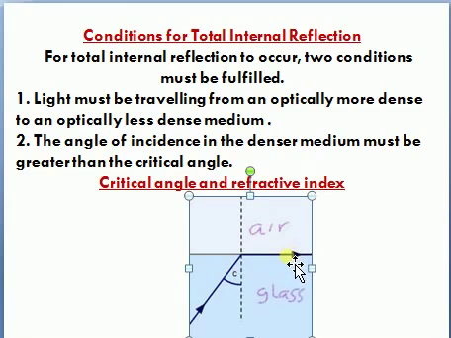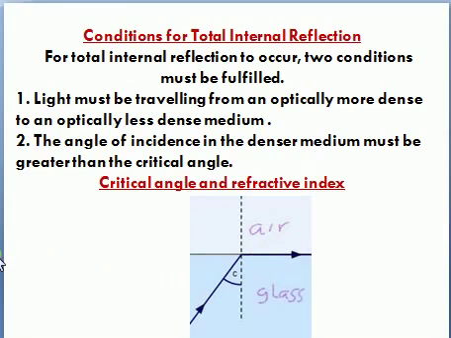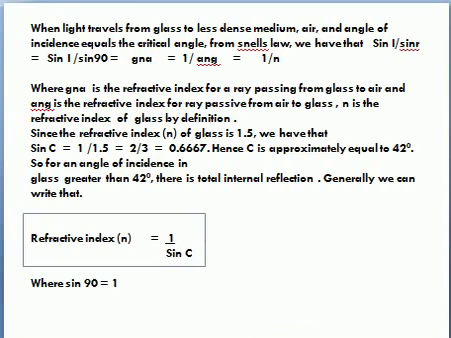And here we say when the refracted ray in the less dense medium is at 90 degrees, the angle of incidence in the more dense medium, we call it the critical angle. Now, when light travels from glass to the less dense medium, air, the angle of incidence equals the critical angle.